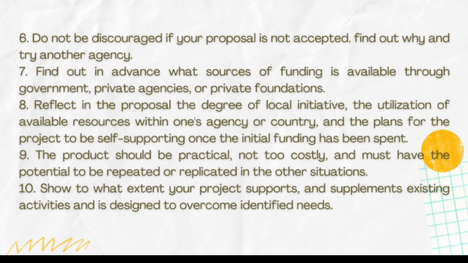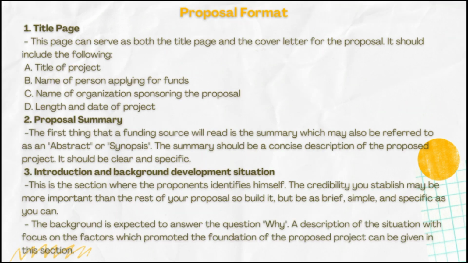The ninth general suggestion and consideration is that the project should be practical, not too costly, and must have the potential to be repeated or replicated in other situations. The last one is to show to what extent your project supports and supplements the existing activities and is designed to overcome identified needs. And now we will proceed to the next topic, which is proposal format.